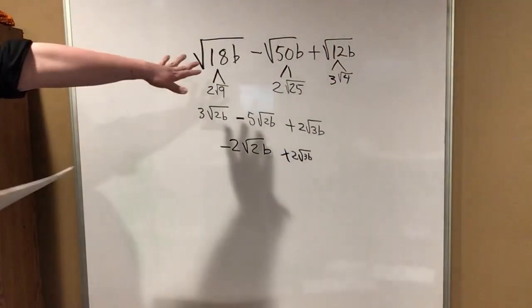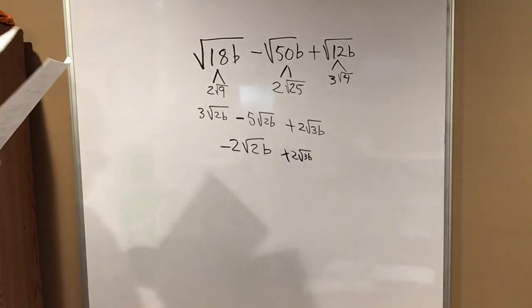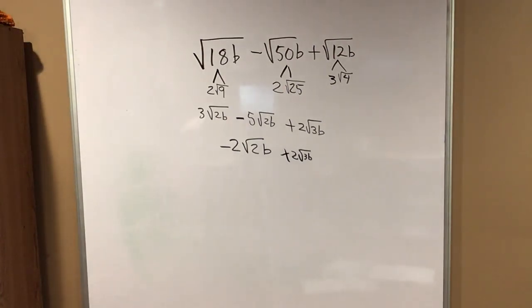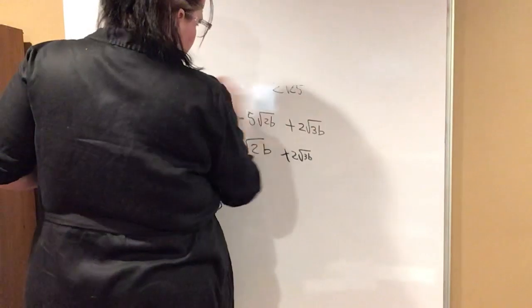And that is this one simplified. You have to simplify the radicals before you can add or subtract them. That's what you have to do with adding and subtracting: simplify the radicals, see if you can get bases to match.